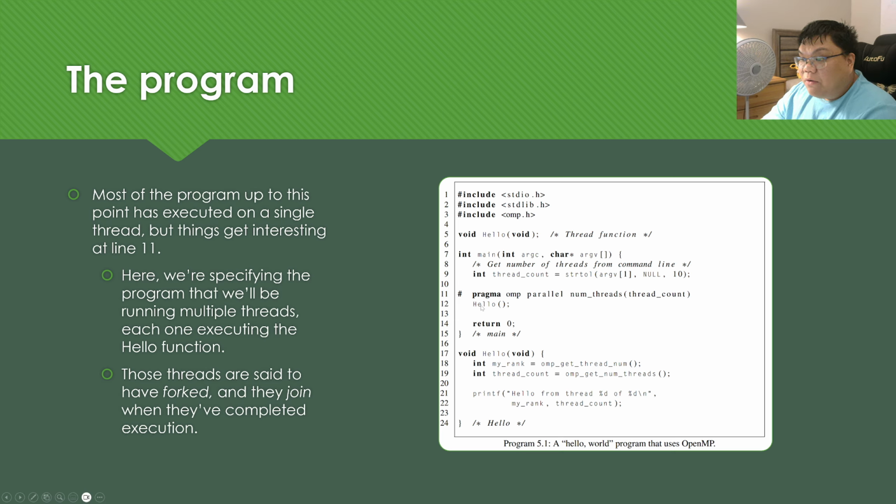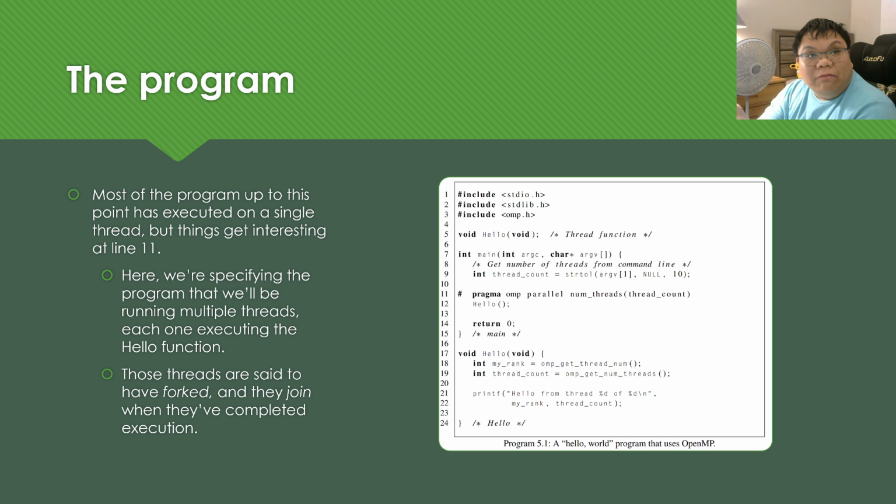So this hello function is being called as part of a parallel section specified by this pragma omp directive here. Technically it's pragma omp parallel and then num_threads(thread_count). That means that the program is going to fork. Each thread is going to call hello, and then once all those threads are done running the hello function, they're all going to join back. So it's the fork and join model.